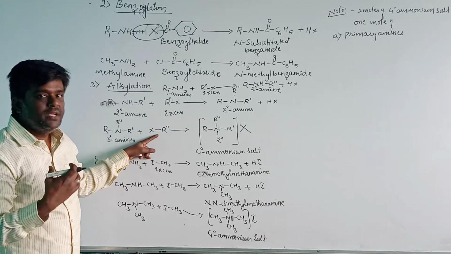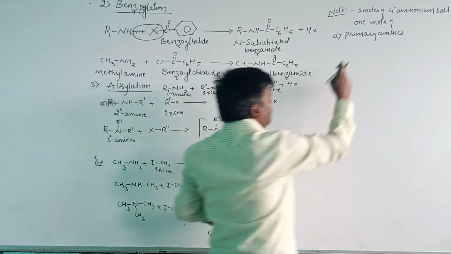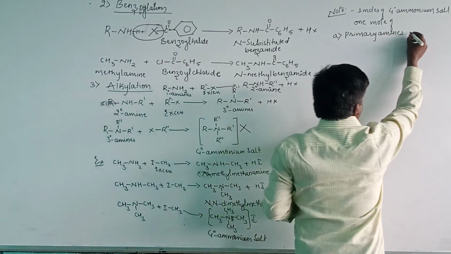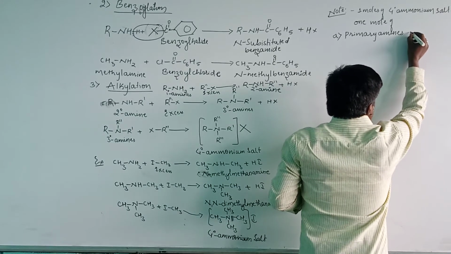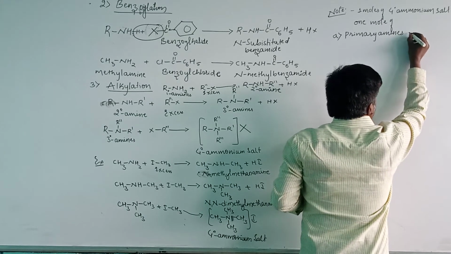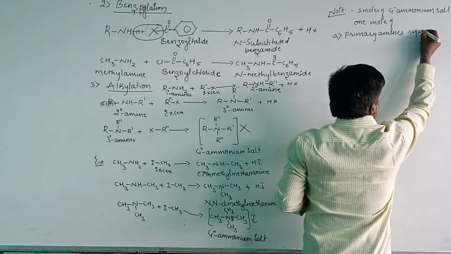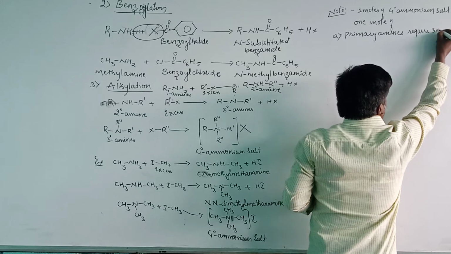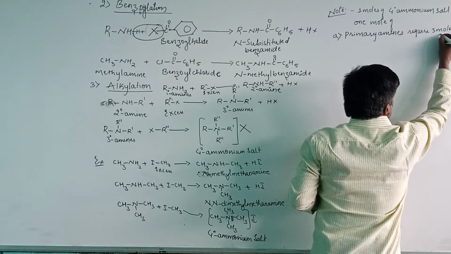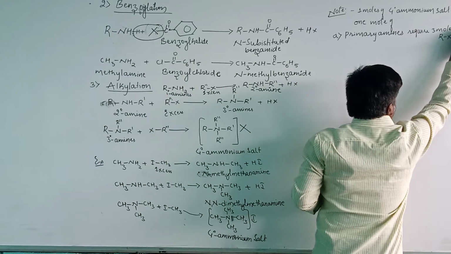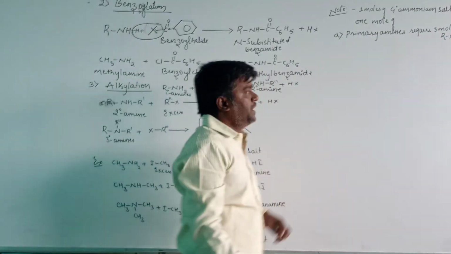For 1 mole of primary amine, it requires 3 moles of alkyl halide.